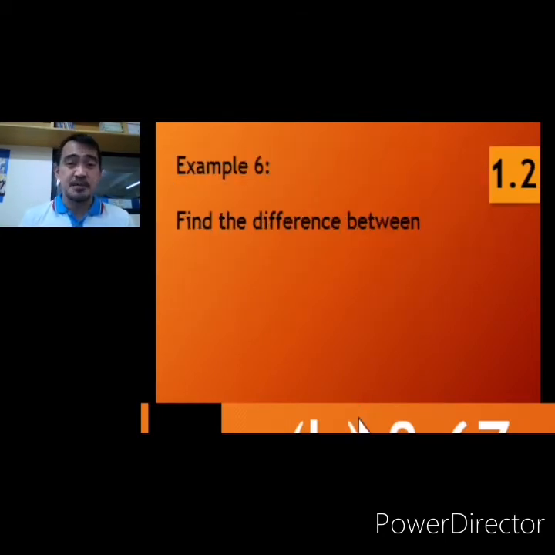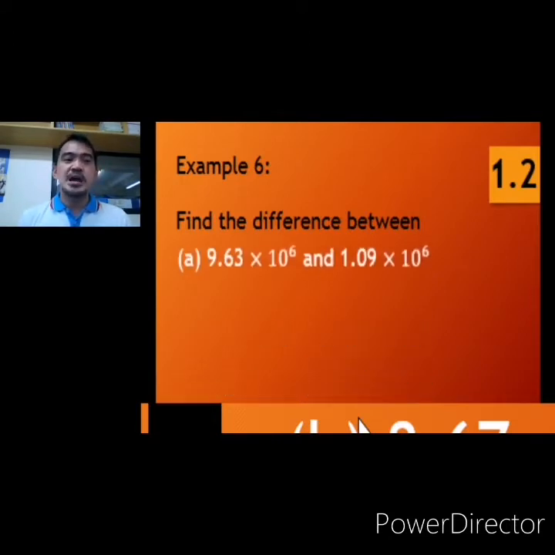Let's have example number 6. Find the difference between 9.63 times 10 raised to 6 and 1.09 times 10 raised to 6. Look at the power of your base 10. They are the same. So we will just get the difference between 9.63 and 1.09.